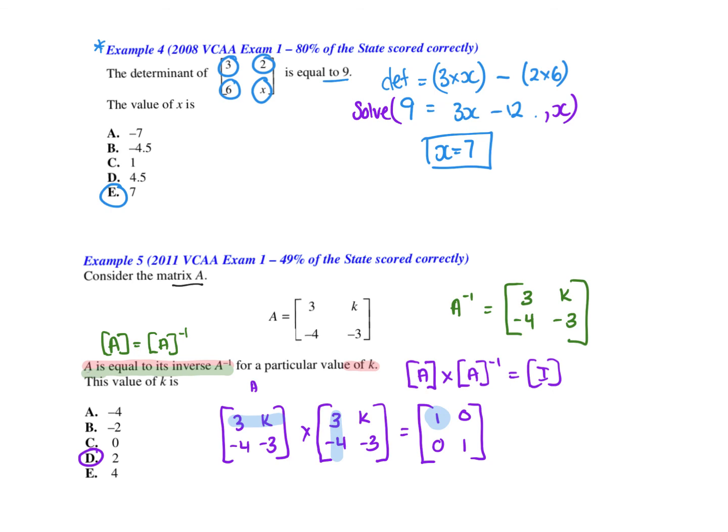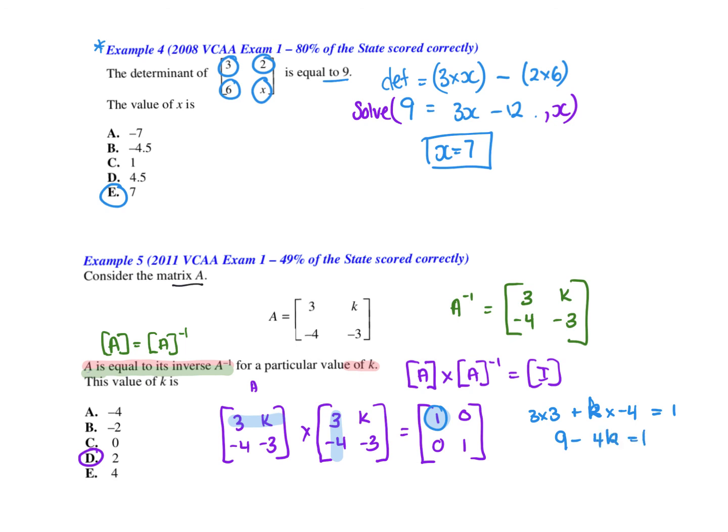So what we would actually be doing there is 3 times 3 plus k times -4, and they're saying it equals 1. So I end up with 9 minus 4k equals 1.